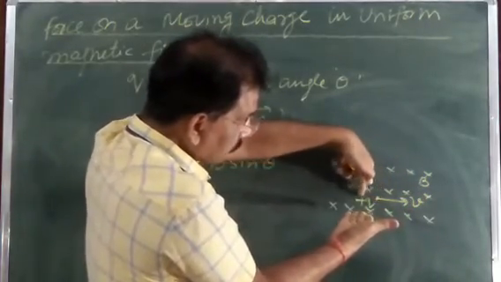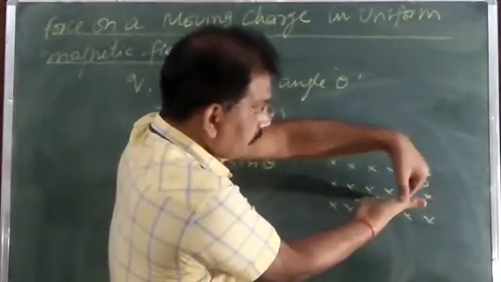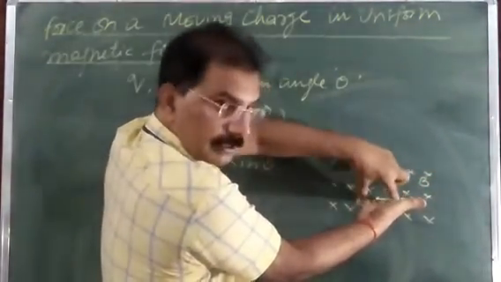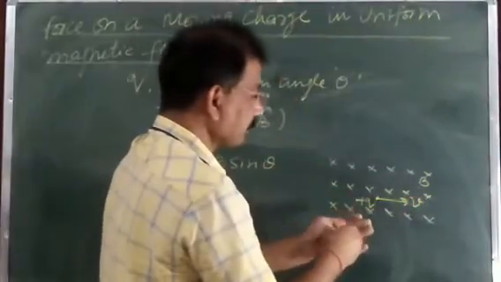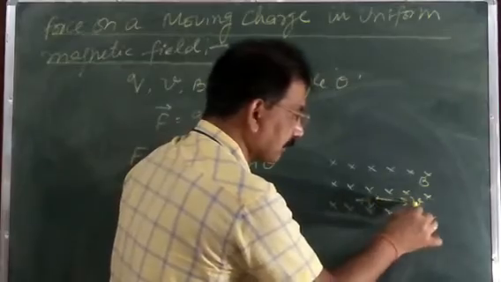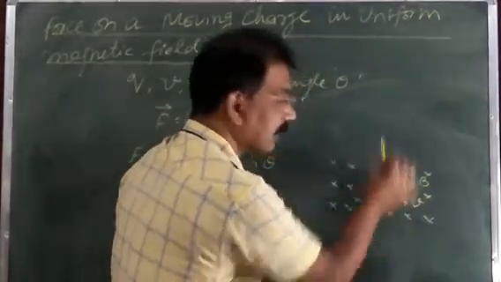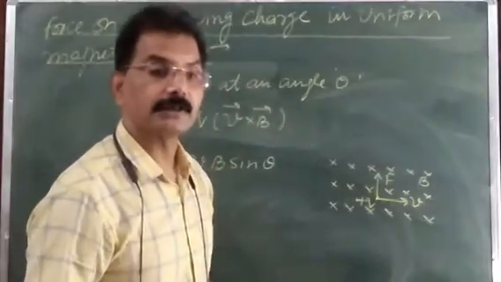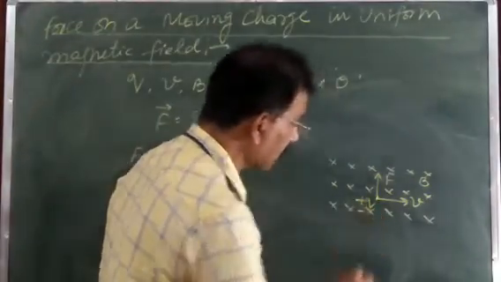Positive charge. Positive charge plus q इस डायरेक्शन में चल रहा है तो इसको इस डायरेक्शन में कर दिया था। Magnetic field inward. So this palm is going upward. It means that positive charge will experience a force in this uniform magnetic field in what direction? Upward. But if this charge is negative, तब क्या होता?